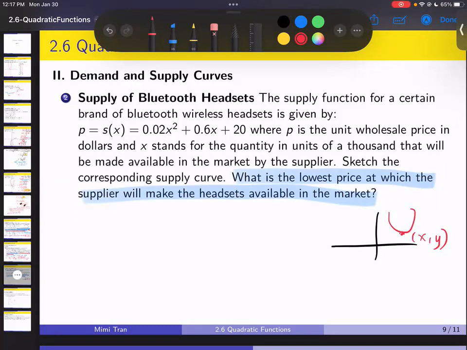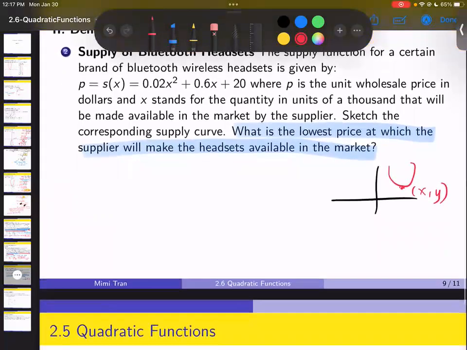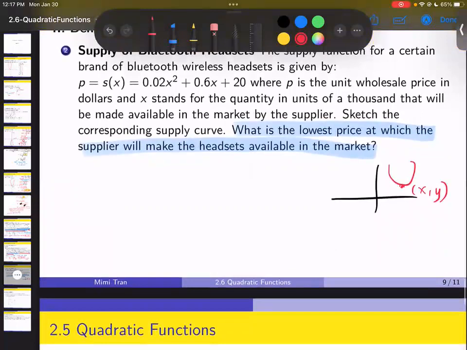Am I looking for the quantity or the price? Price, which is P, so they're asking for Y. But before I solve for P, I need X. So X equals negative B over 2A. B is 0.6, A is 0.02.